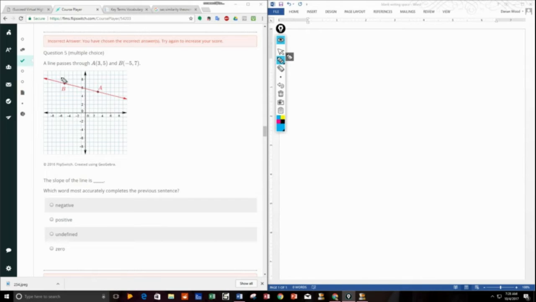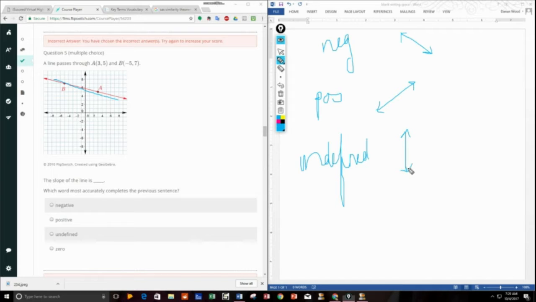So I'm just looking at this slope because the options are negative, positive, undefined, or 0. So I'm thinking in my head, okay, well, negative slope is decreasing as it moves from left to right. Positive slope is increasing as it moves left to right. Undefined is vertical, straight up and down, and 0 slope is a straight horizontal.